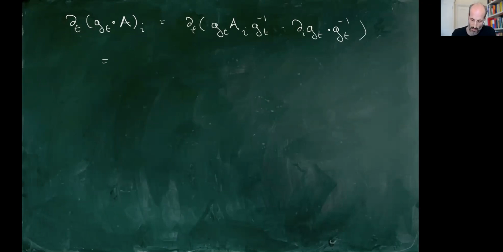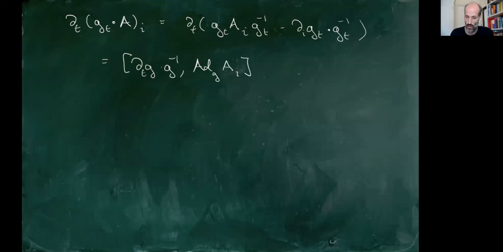So if I differentiate the first guy, I just get the derivative of g_t here, which I can rewrite as derivative of g_t times g_t inverse times g_t. So then I have again a term of the form g_t conjugating A_i here. And then when I differentiate this, I get something of the same type, right? I get something like minus g_t inverse derivative of g_t times g_t inverse. And so when I combine both of them together, I get a commutator. So I get actually the commutator of ∂_t g times g inverse with ad g A_i. So that's when I differentiate the first term.